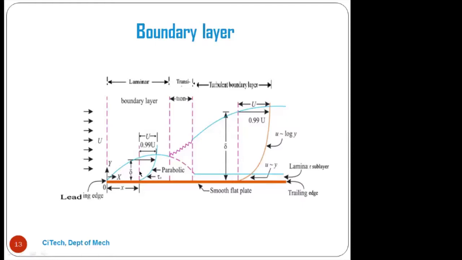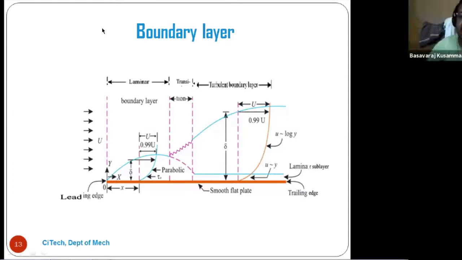Suppose we are taking the plate here, understand? The flow occurs above this plate. At this surface the viscosity is more, and the velocity is zero at this surface.